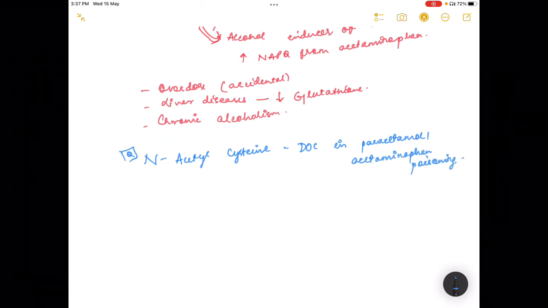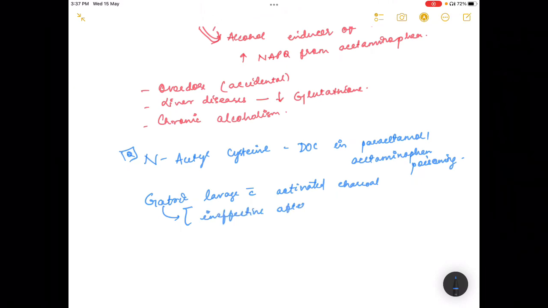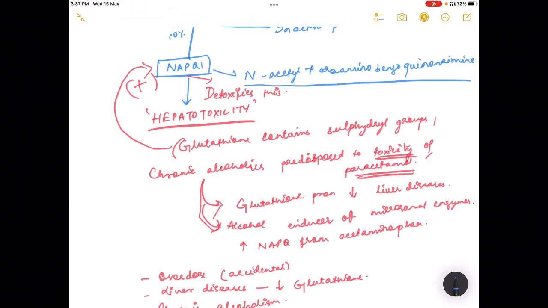Apart from this, you can do a gastric lavage with activated charcoal. But gastric lavage with activated charcoal is ineffective after 4 hours of ingestion. So this was all about paracetamol.